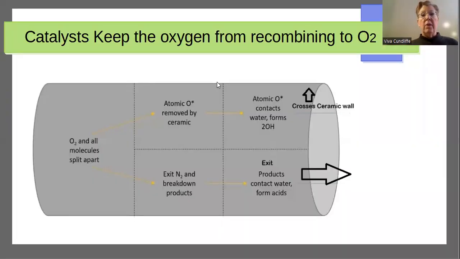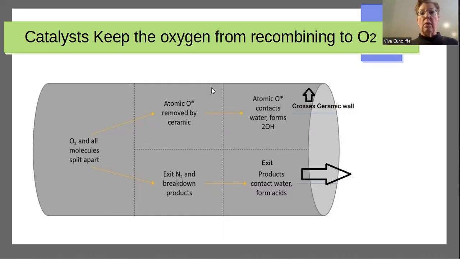Catalysts keep the oxygen from recombining to O2. Okay, so I'm going to explain that so that there's very little room for misunderstanding. Inside this ceramic pipe, the heat and the catalytic effect of both a heterogeneous catalyst and the yttria-doped zirconia itself causes the dioxygen to form atomic oxygen, and when pressure is applied, that atomic oxygen will pass across the ceramic wall.